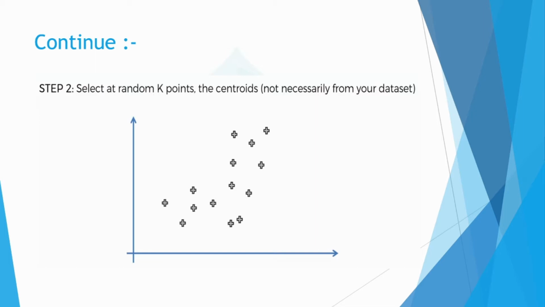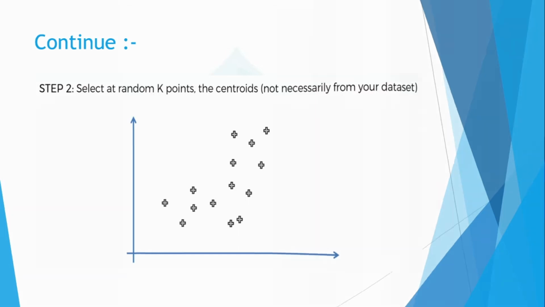After choosing the number of clusters, we have to choose the number of centroids and randomly initialize them. The centroids are the center of the point where the center of mass of the object exists. These clusters are some kind of closed objects, so they have their center of mass. So we have to store their center of mass as centroids.